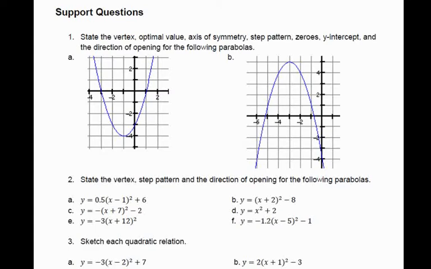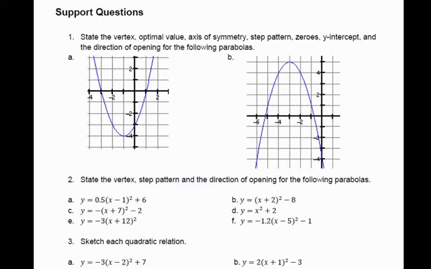My vertex is going to be at 1, 6, because it's minus 1, so it would be at positive 1, and then plus 6, so the y would be at 6. And the direction of opening, if the a is positive, then the direction of opening is simply up.